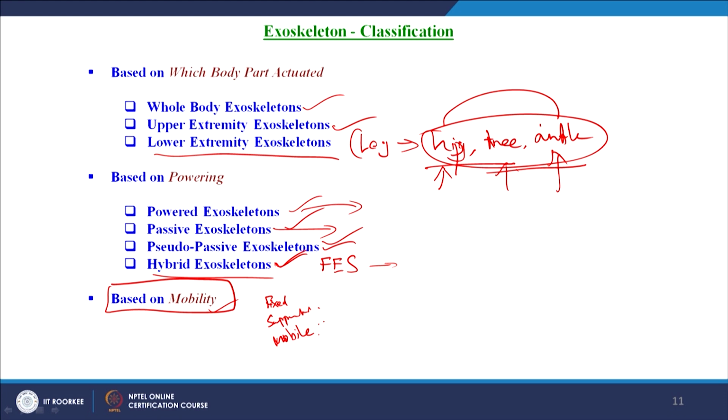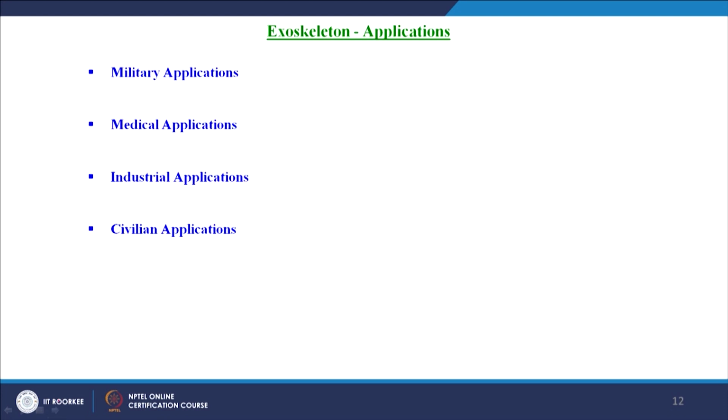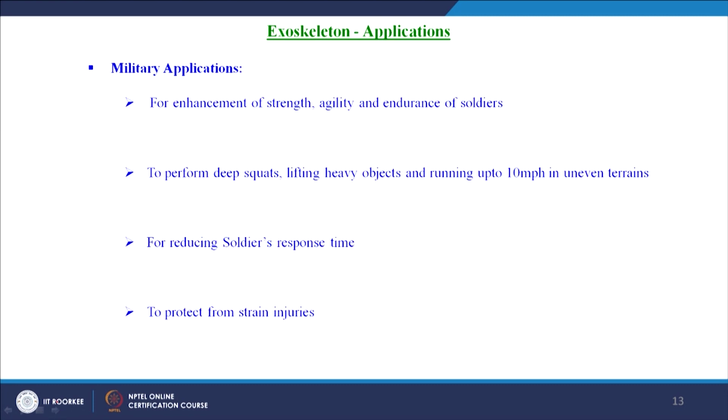That is all. Now coming to the applications of exoskeleton. The exoskeleton's major applications are in the field of military, medical field, industrial field and civilian or consumer application field. Now coming to the first application, which is the military application.